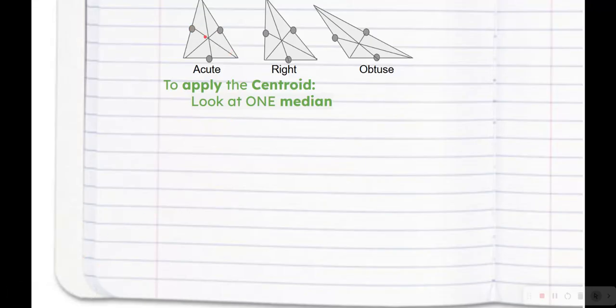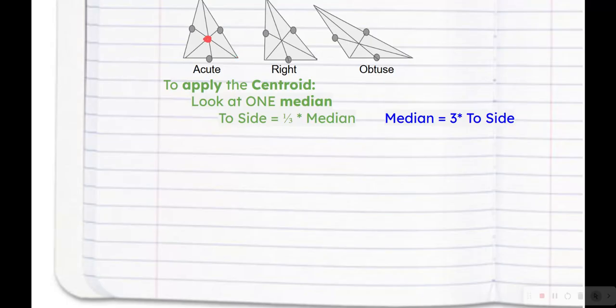So again, this dot is the centroid. And hopefully you notice that this segment is much smaller than this segment. So it doesn't cut the median in half, but it does have a certain relationship. If I know the whole median, this part from the centroid to the side of the triangle is 1/3 of the total median length.